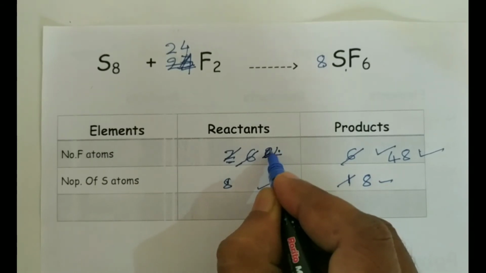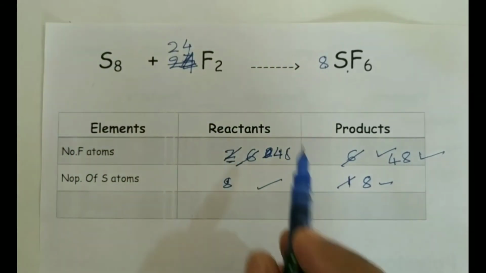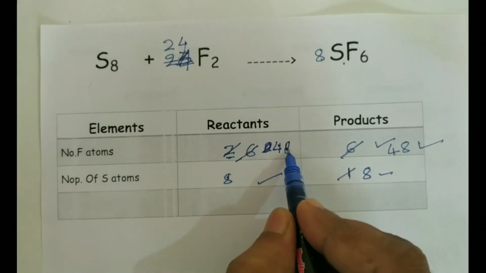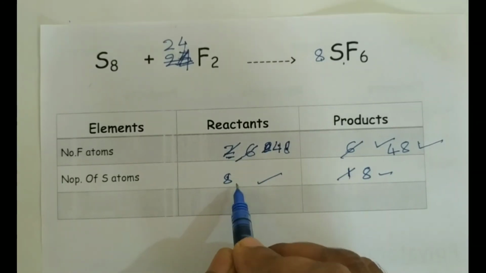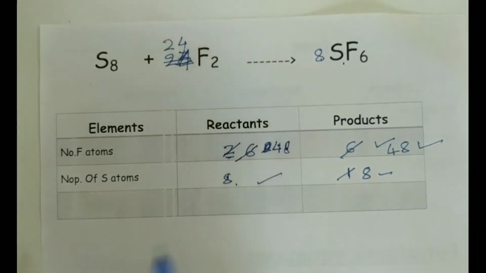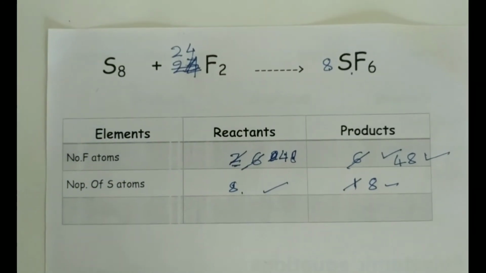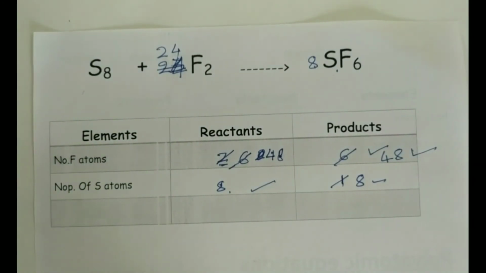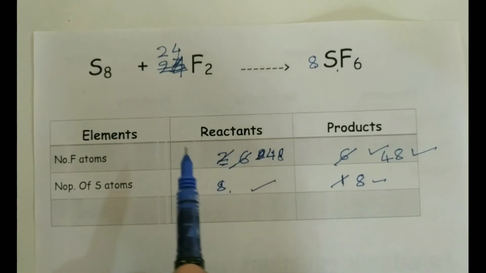So 48, this also becomes 48, because of writing 24, it will become 48. So 48, 8, here also 48, 8. So now the chemical equation is balanced. Okay for you? Any confusions?